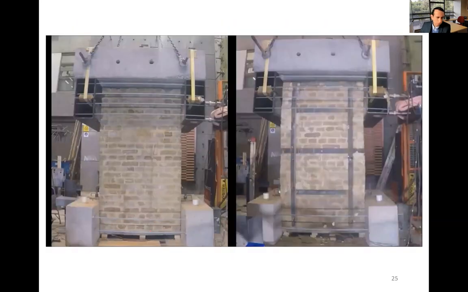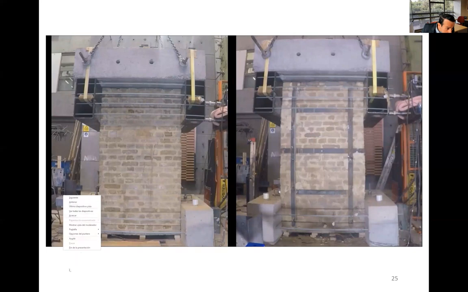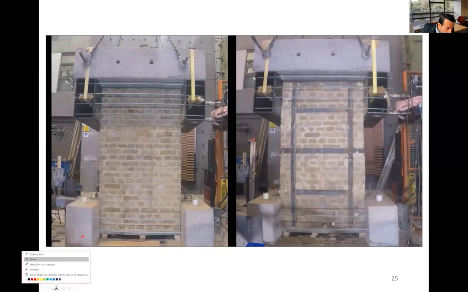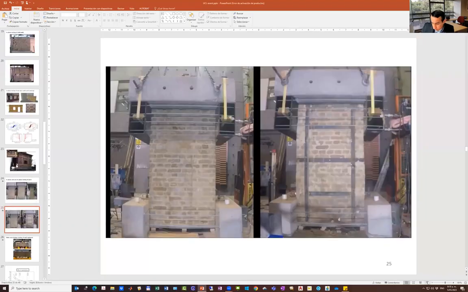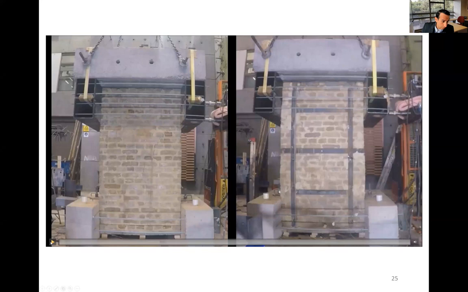So we tried to retrofit this kind of wall.